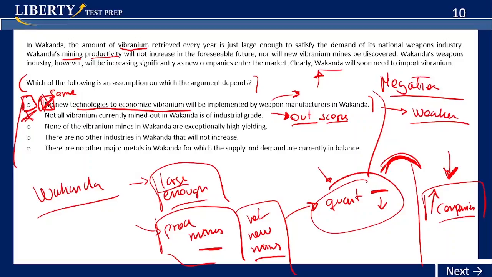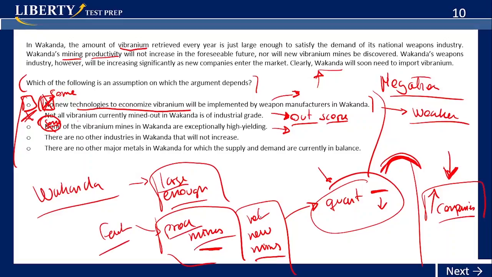Now, let's see. None of the vibranium mines in Wakanda are exceptionally high yielding. Okay, if none, let's try to change it. Some. Okay, some of the vibranium mines, we're inverting it to see if it weakens. Some of the vibranium mines in Wakanda are exceptionally high yielding. Okay, but it doesn't matter. Why? Because they already said something. We shouldn't contradict a fact. And what are the facts?